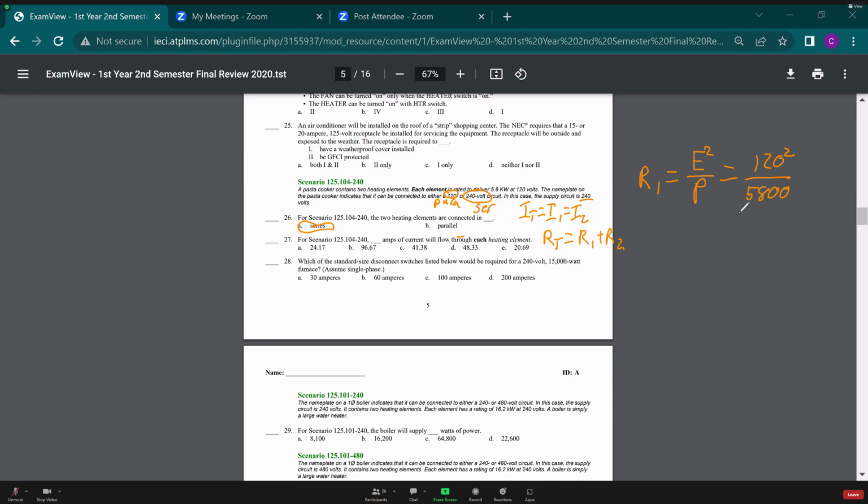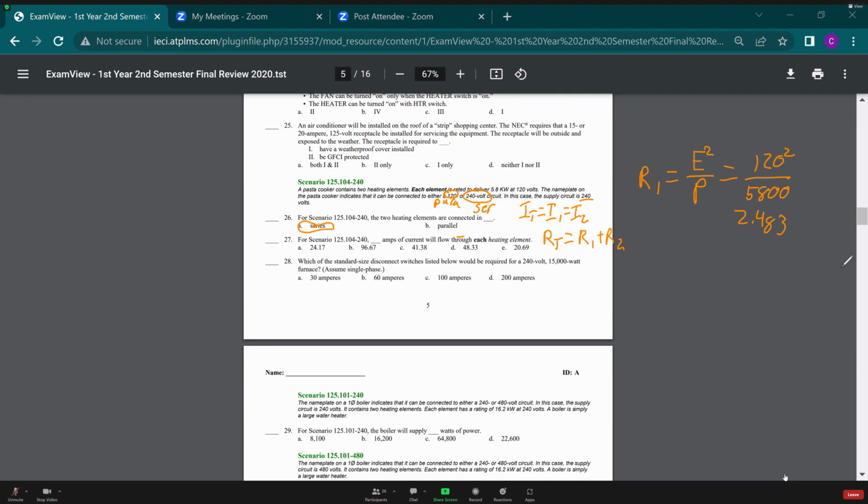I got 2.483. Yep, 2.483. Now that's our resistance.